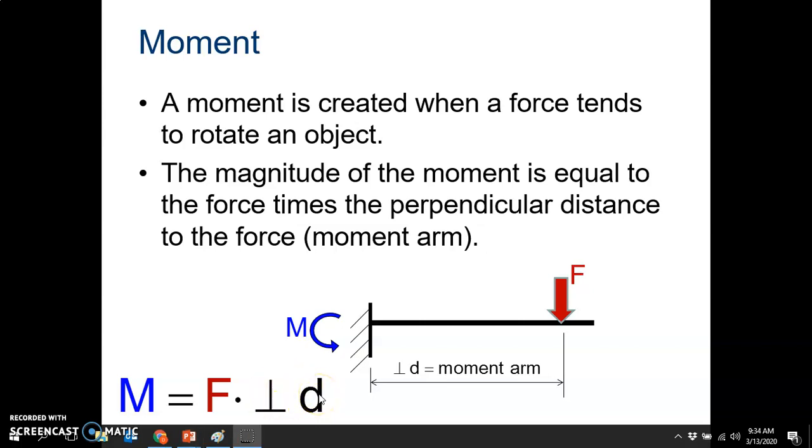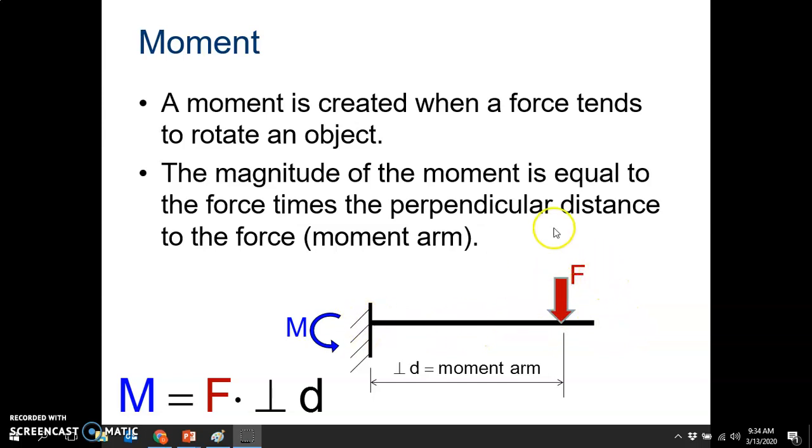Let me give you another example of moment. Say you are a little kid again, and you are running away from your sibling. So your sister is chasing you, and then you run into your bedroom, and then you slam the door. And you're trying to keep the door closed, and she's trying to open the door. So this is the door right here. This is the hinge of the door.